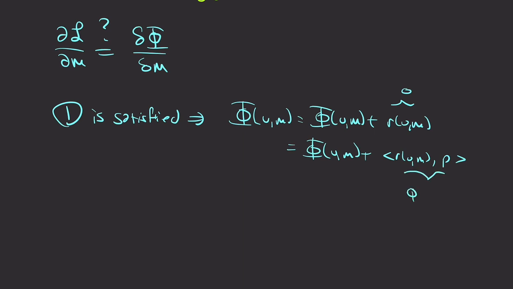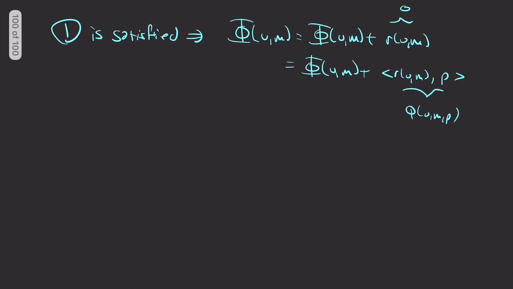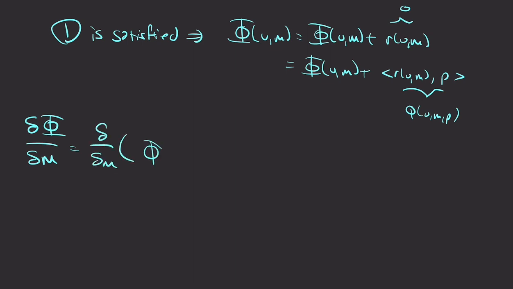And this right here is q of u, m, so I'm just relabeling that. So this is equal to, when 1 is satisfied, the derivative with respect to m of phi plus q.